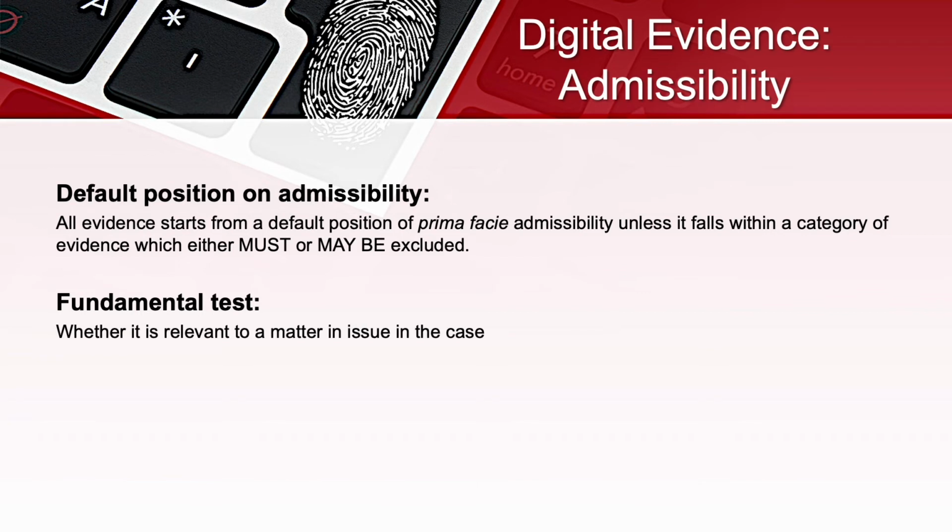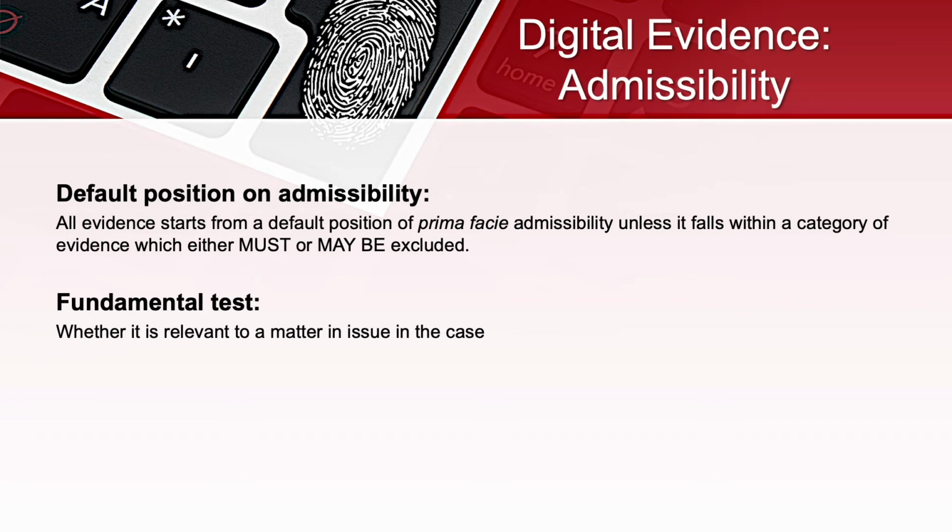Leaving aside the extensive amount of metadata collected about us every day, in general, all evidence, including digital evidence, starts from the default position of being admissible unless it falls within a category of evidence which either must or may be excluded.